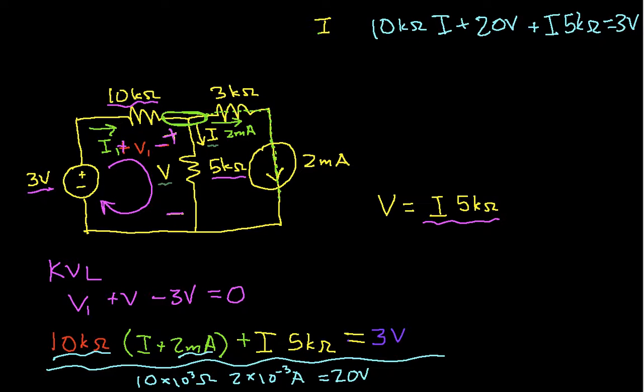Okay. I can combine the terms that depend on I. They both have a factor of I. So I'll have I times 10K ohms plus 5K ohms is equal to this 3 volts minus 20 volts.